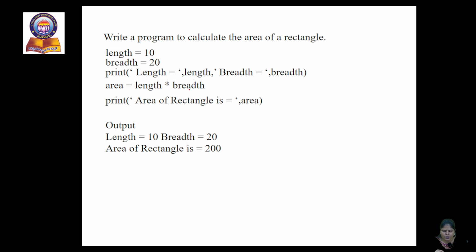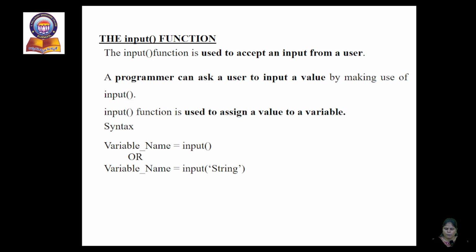So the area, the formula for the area of a rectangle, is length into breadth. I am printing the value area at last. So for the area it will take 10 into 20, and it will print 200 as output. So area of rectangle is 200 will be printed.